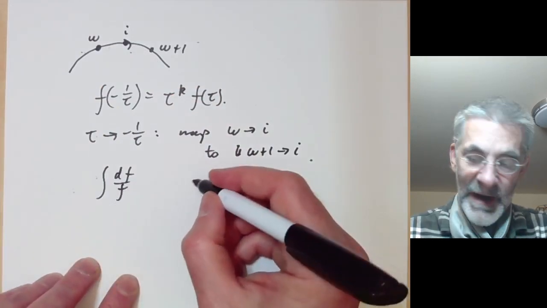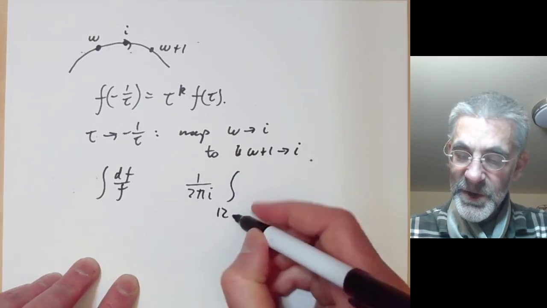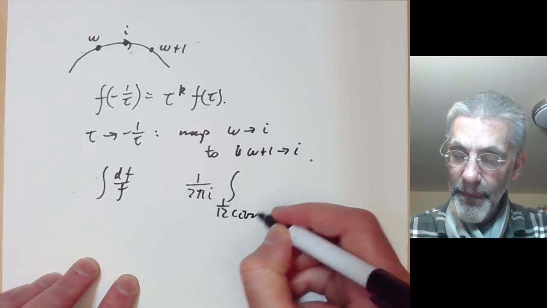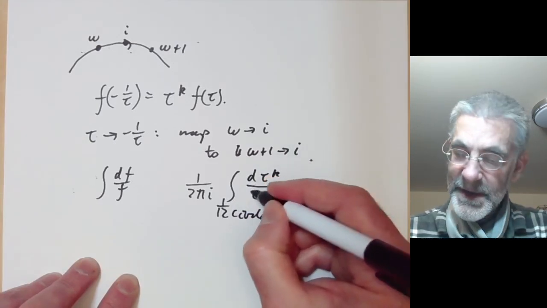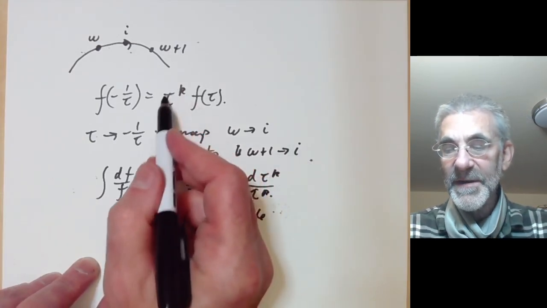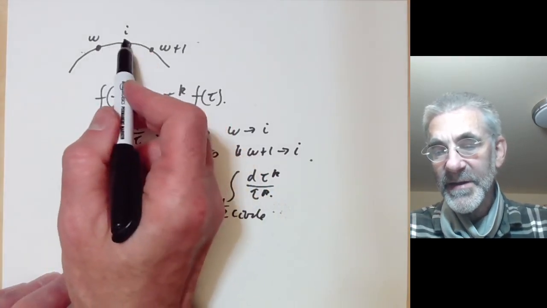And what we're left with is 1 over 2 pi i times the integral over 1/12 of a circle of d tau to the k over tau to the k. You can see if we didn't have this tau to the k here, the integral over this bit would exactly cancel out with the integral over this bit.